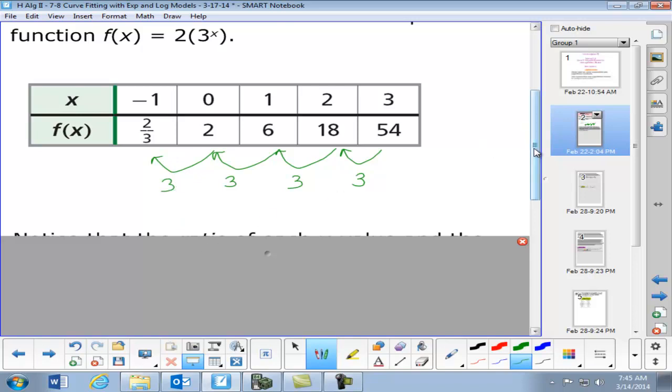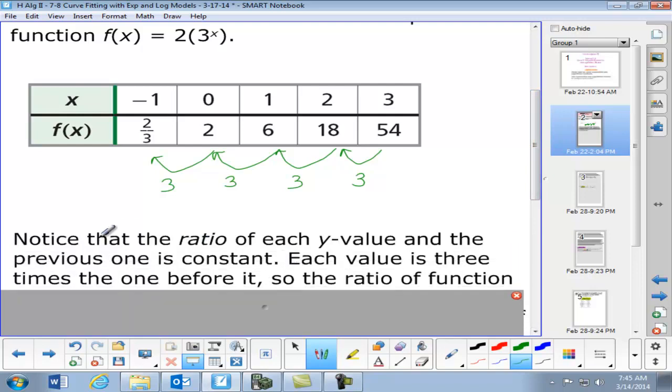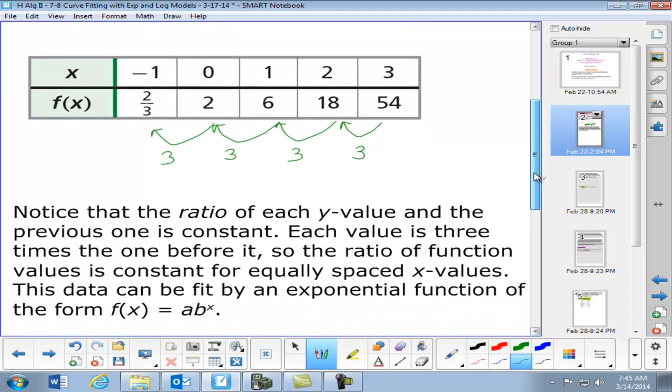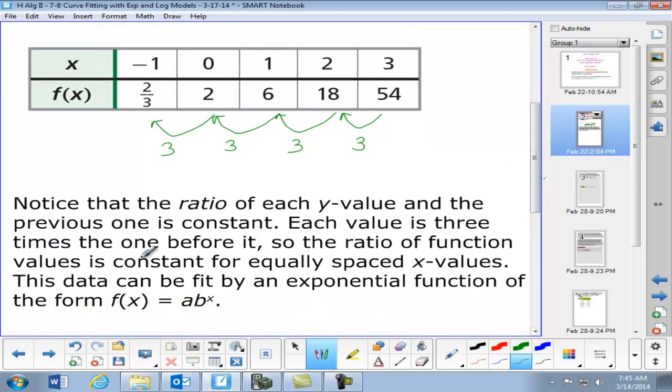Okay? So notice that the ratio of each y value to the previous one is constant. They're all 3. It says each value is 3 times the one before it. So the ratio of the function values is constant for equally spaced x values. This data can fit an exponential function.